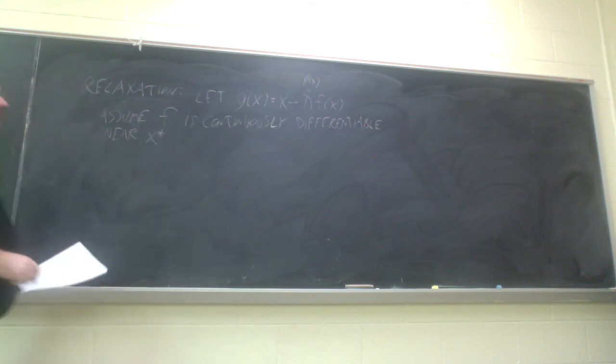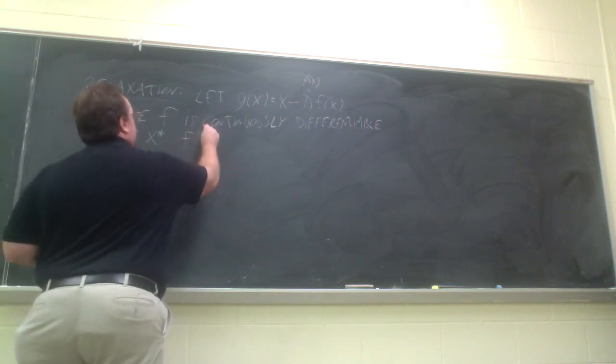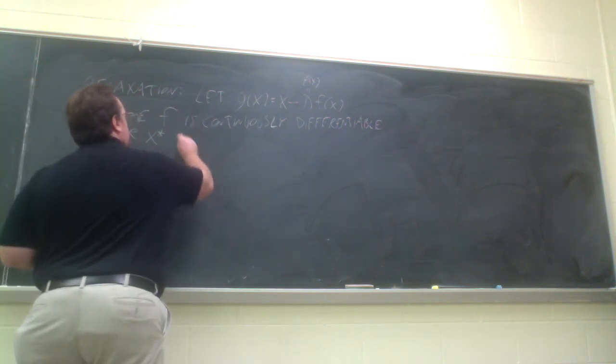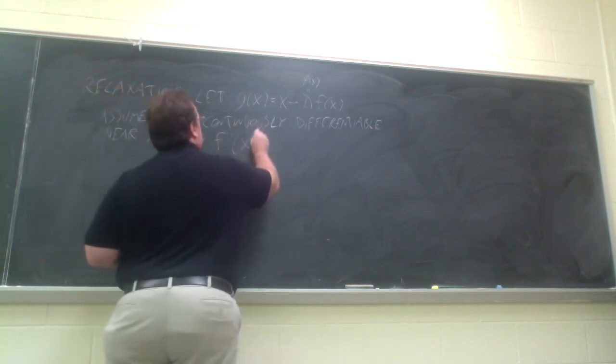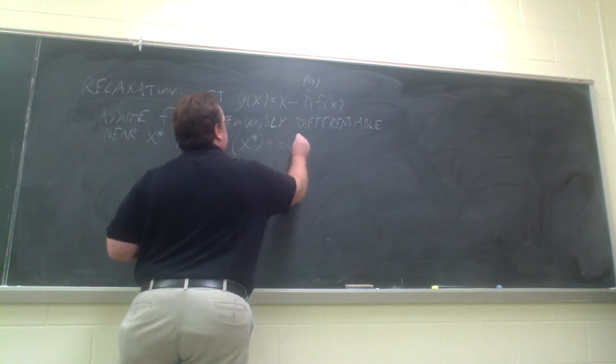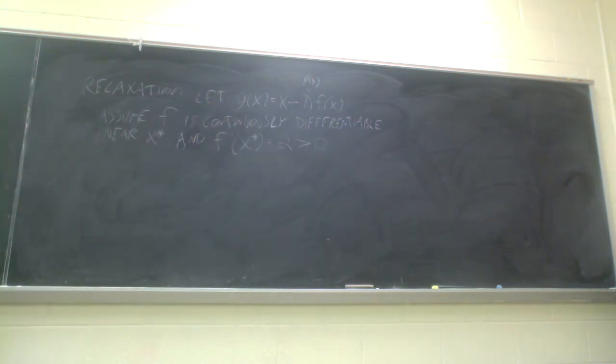And then we're also going to assume that f prime at the root is equal to some value alpha which is strictly positive. And that's a reasonable assumption, because we want it to be non-zero, so it's not a double root. And if it were negative, we'll just work with minus f.